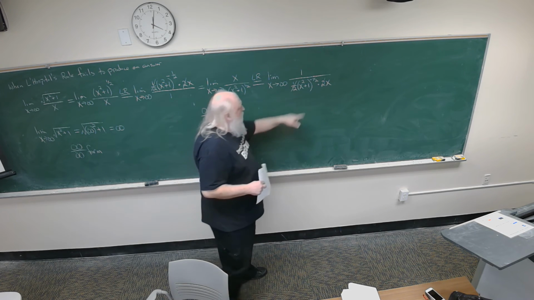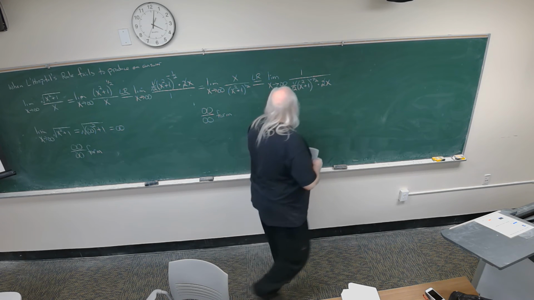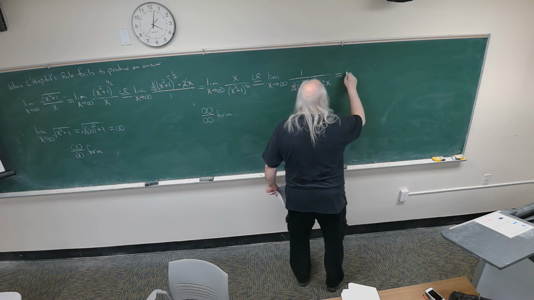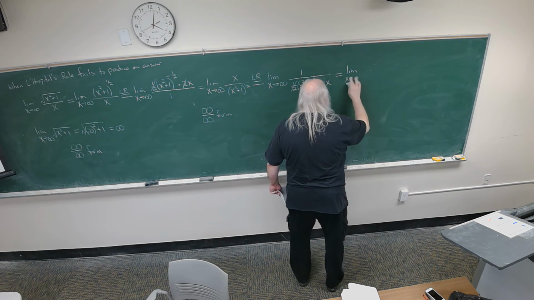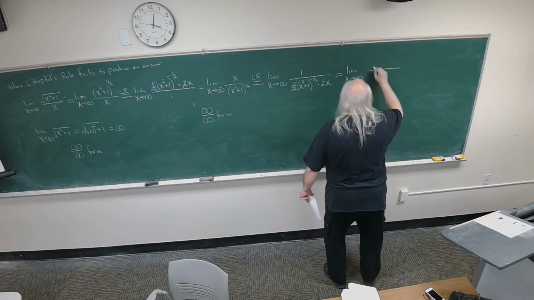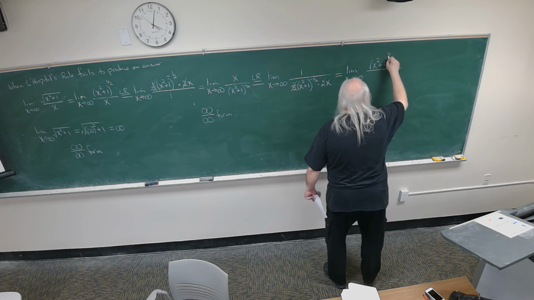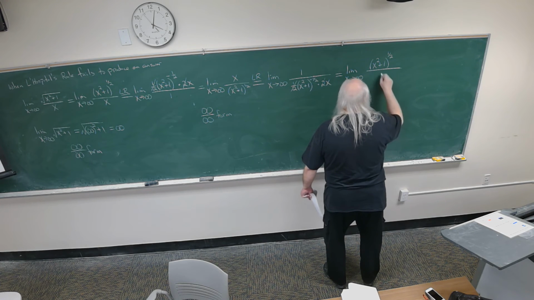Over here, the minus sign means bring it up and put it in the numerator. So we have the limit as x increases without bound, x squared plus 1 to the 1/2 over x.